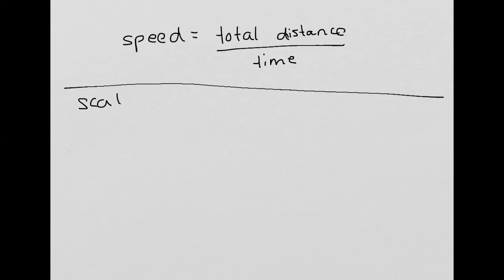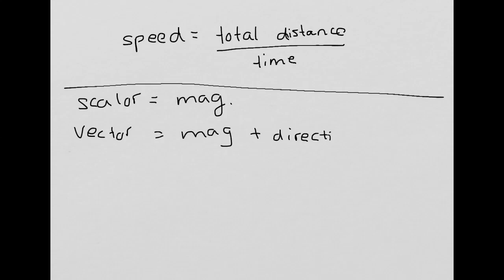So scalars is just magnitude. A vector is magnitude with direction. So, speed is just magnitude.